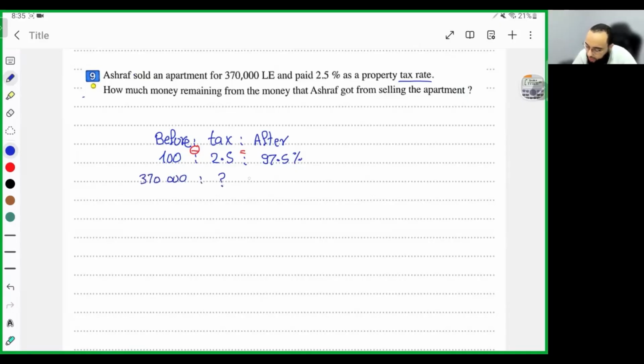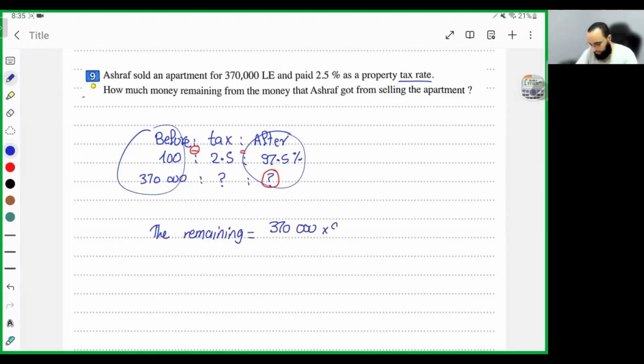The price before is 370,000. The tax itself, I don't know. The price after the tax, I don't know. He needs the price after the tax. Cross multiplication: 370,000 times 97.5 over 100. With the calculator, you can do it.